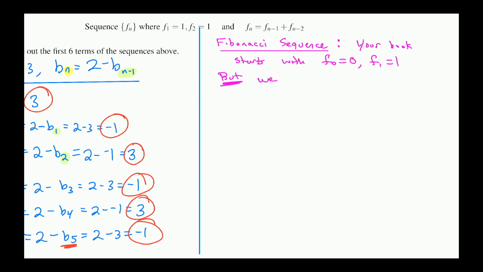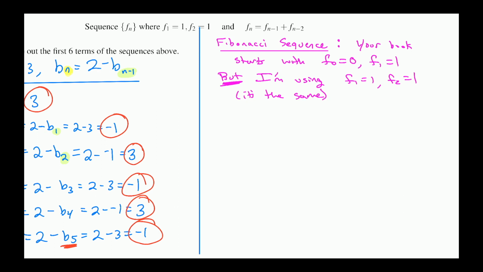I'm using F1 equals 1, F2 equals 1. The same, so don't worry about it.